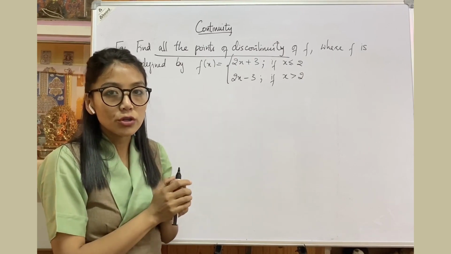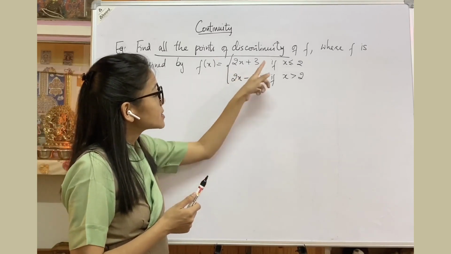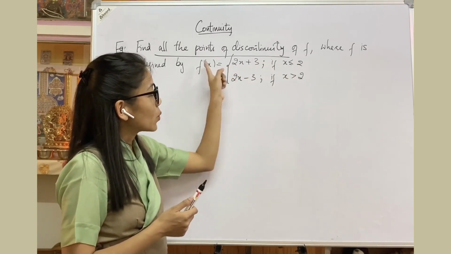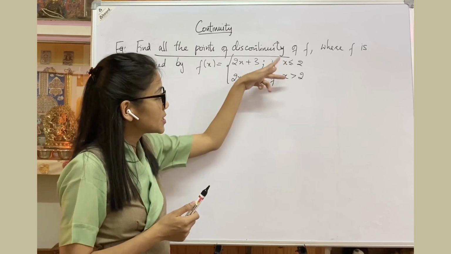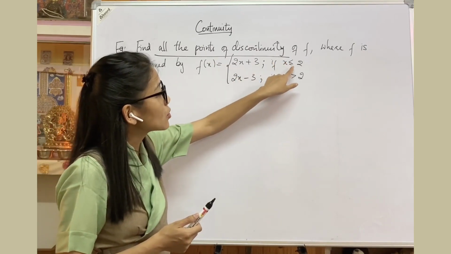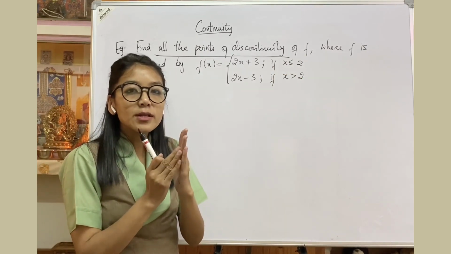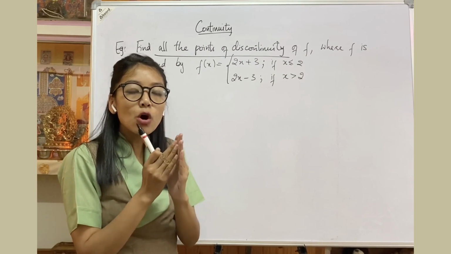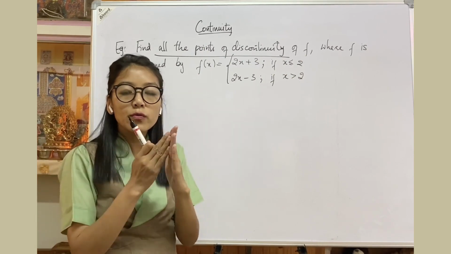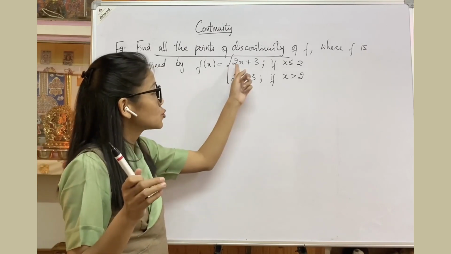Always remember that when a function is given in this way, where the function is changing its behavior at one point, you can see here when x is less than or equal to 2, which means x is any real number equal to or less than 2, the function graph is 2x plus 3.